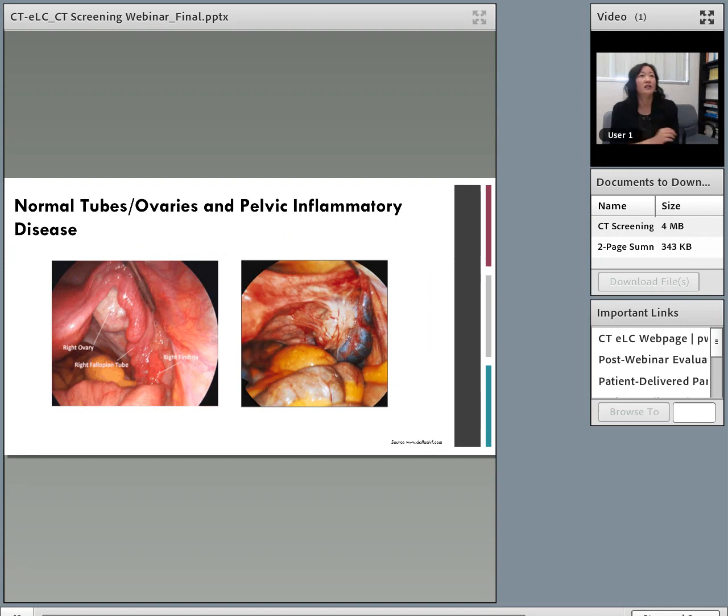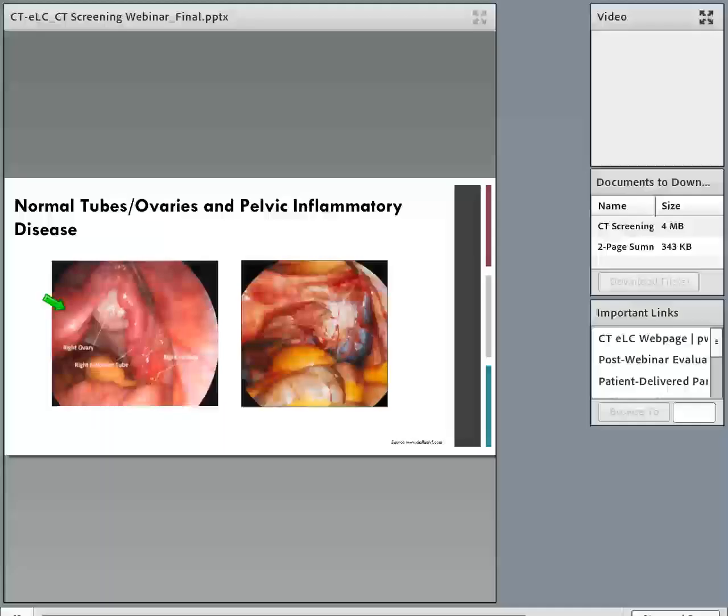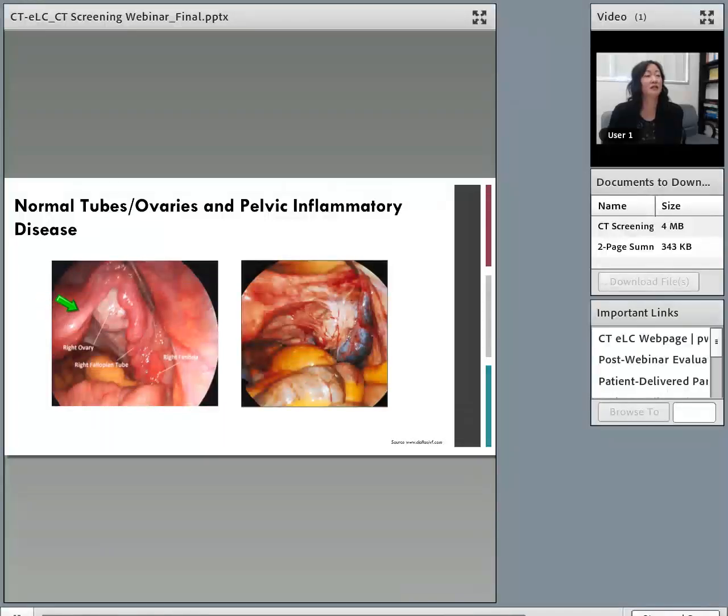So this is an example of what happens with pelvic inflammatory disease. Let me tell you what we're looking at here. If you can imagine somebody standing in front of you who's wearing a pair of pants, and you were to slice their waist at their waistline, and open up the torso and look down inside the pelvic bowl, you would see the top of the uterus, which is right here, and then you would see the fallopian tubes coming out almost like arms extending from your shoulder.